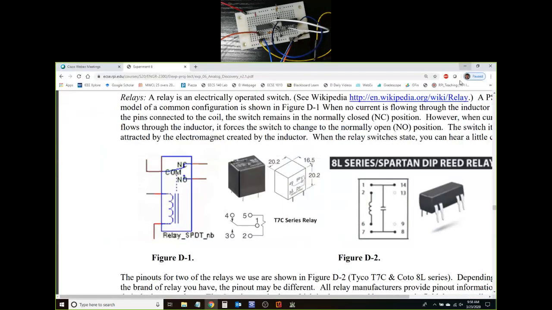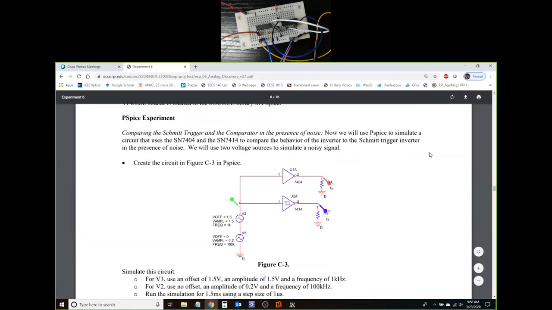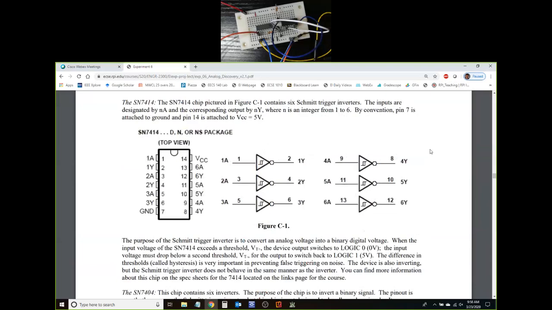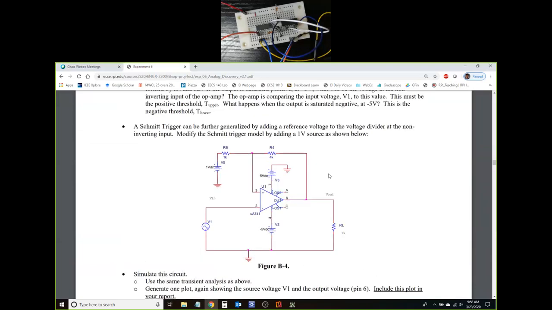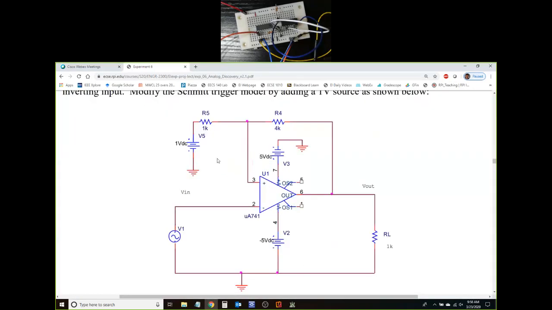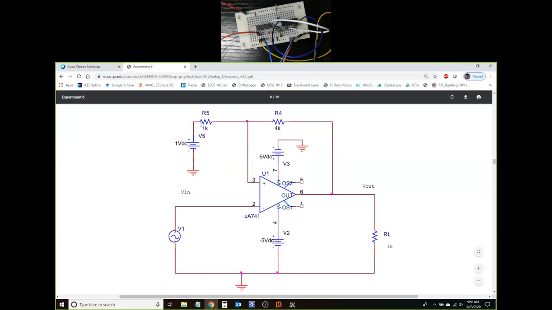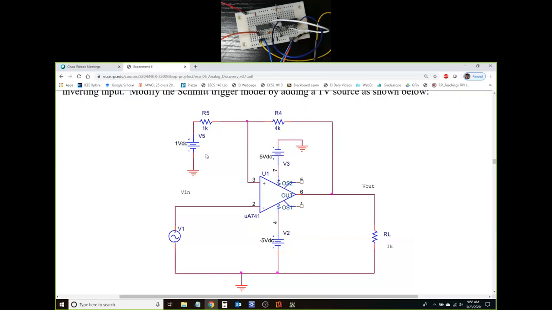It does not have anything to do with the input. So no matter what the input is, V3 will be established by the resistors R4 and R5 and this voltage source over here shown to be 1 volt. Is that your question?